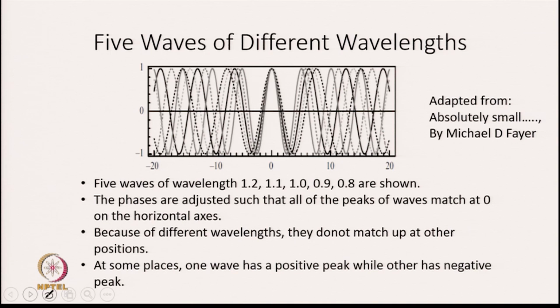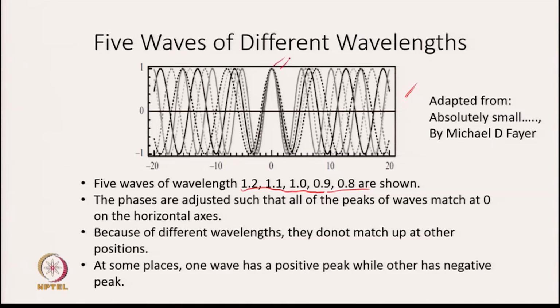Now, suppose we take 5 waves of different wavelengths, as shown here. We have taken wavelengths of 1.2, 1.1, 1.0, 0.9 and 0.8, and the phases are adjusted such that all the peaks of the waves match at 0 on the horizontal axis.